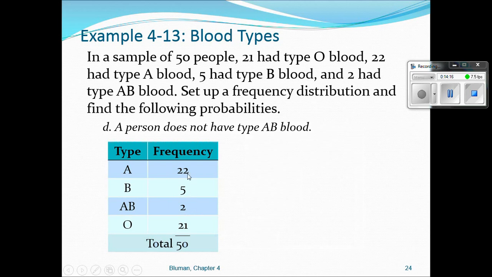Well, we could add all these up, right? We're looking for not AB, so we could technically just cross this out and add up everything else. 22, 5, 21. And that wouldn't be too hard for this. But what if we were talking about an experiment where we had 100 different types, 100 different possibilities?